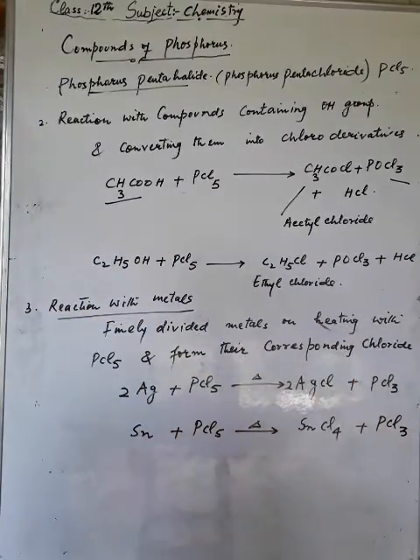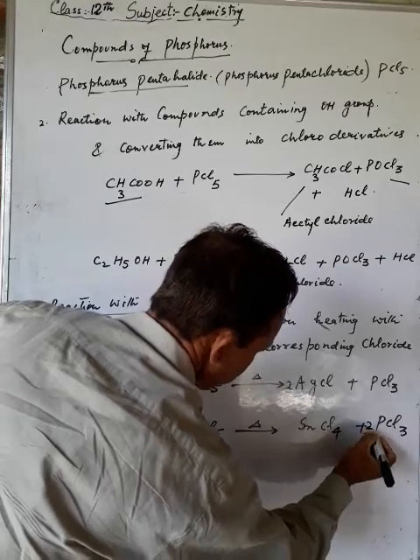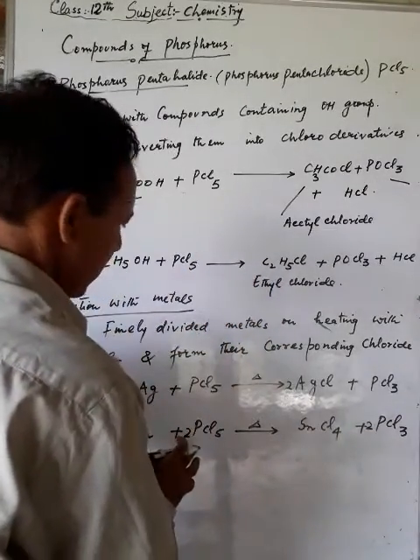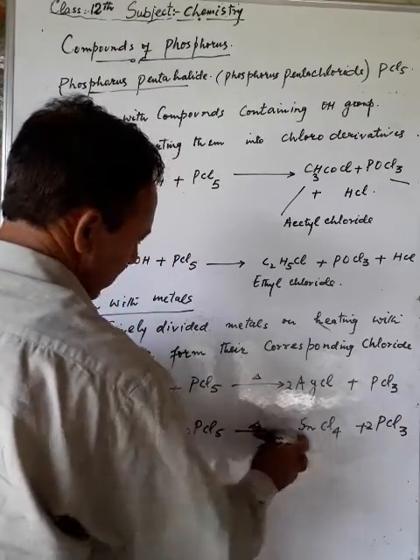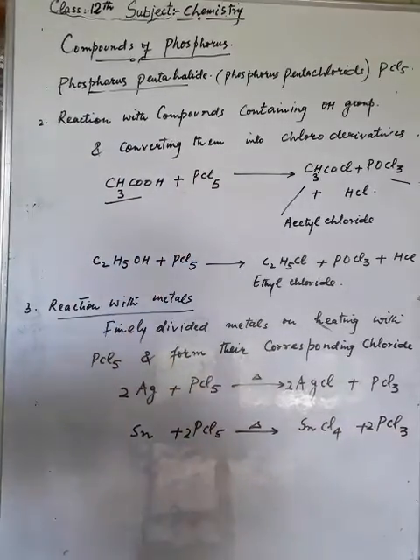So on balancing the equation, if we take Sn 2 times, this is 2 times PCl5, 10 times Cl; 4 times Cl in SnCl4 and 6 in PCl3, 10 in total.